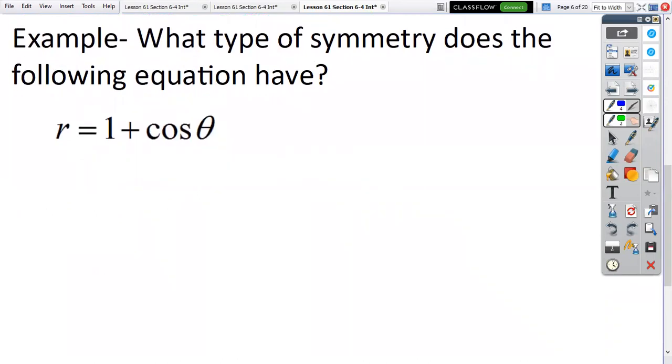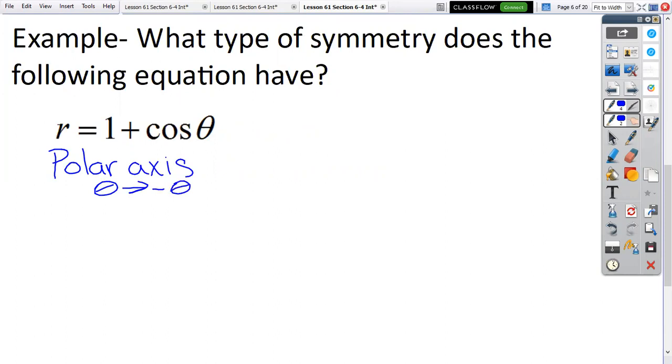for this number 2 equation, which says r equals 1 plus cosine of theta. All right, so I'm going to start out and check for that first one, which says polar axis symmetry. To check for that, I'm replacing theta with negative theta, and I'm seeing what happens.